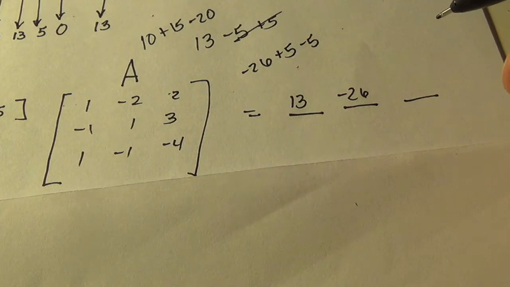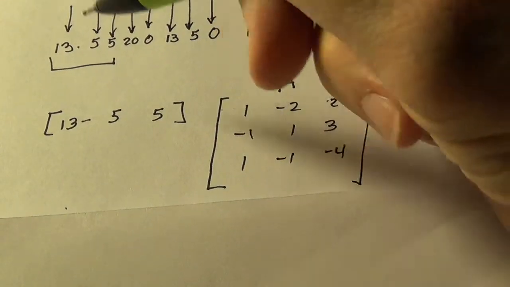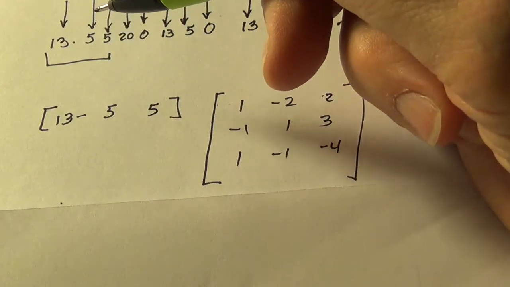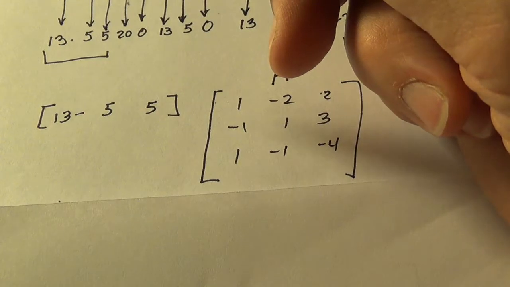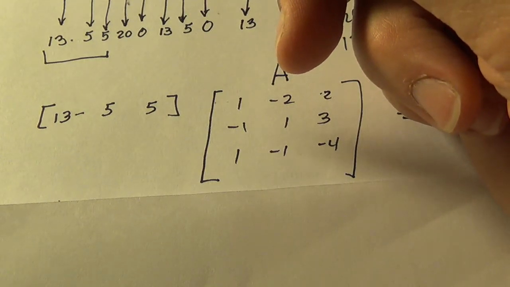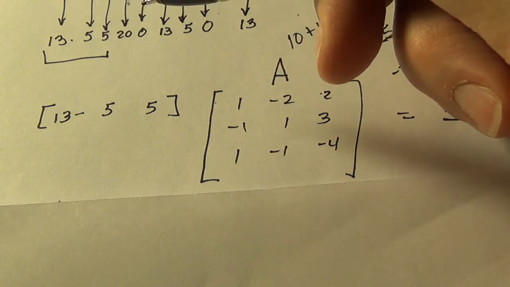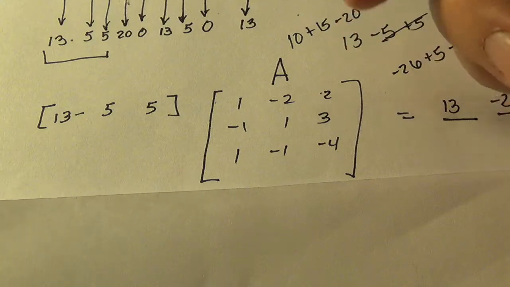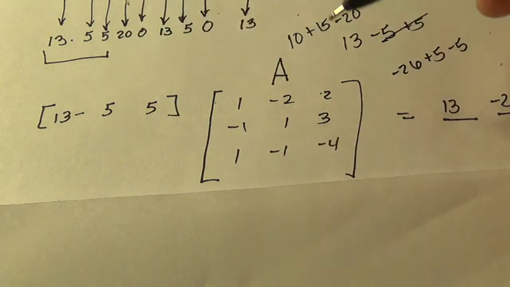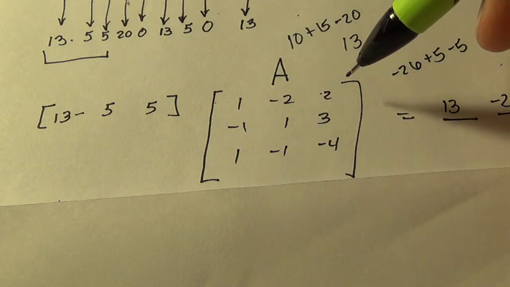Now, what was that get us to? I don't think I got that one right. Let me check it. One more time. 13 times 2 is 26.